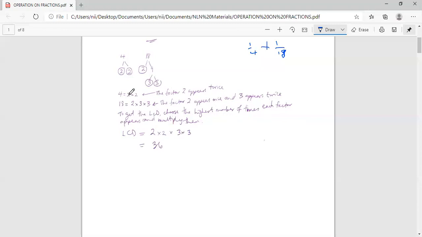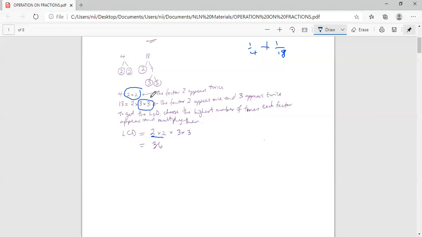So if you look at this, the prime factor 2 appears twice here, but it appears once in the factorization of 18. So I'm going to choose the highest number of times it appears, twice maximum here. So that's what I have here. Okay. Then what about the 3? I have 3 times 3 here. The highest number of times it appears is twice here.